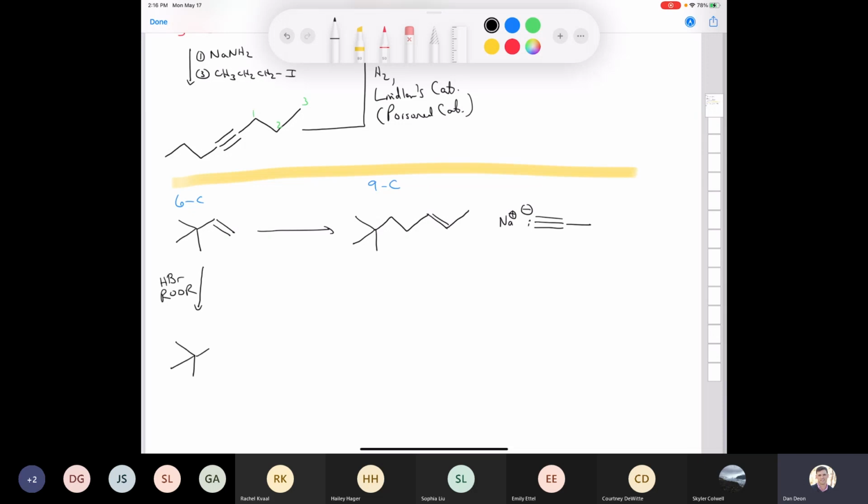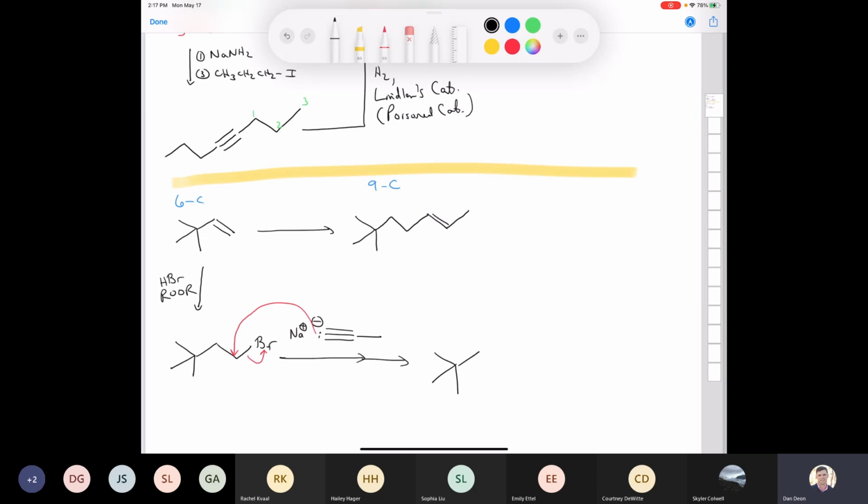Anti-Markovnikov addition of HBr across that double bond, which gives you a primary alkyl halide, and then you could treat that with this compound, right? And that ion, I should say, and that would do an SN2, wouldn't it? You would end up doing this SN2 like this, which would give you this compound.